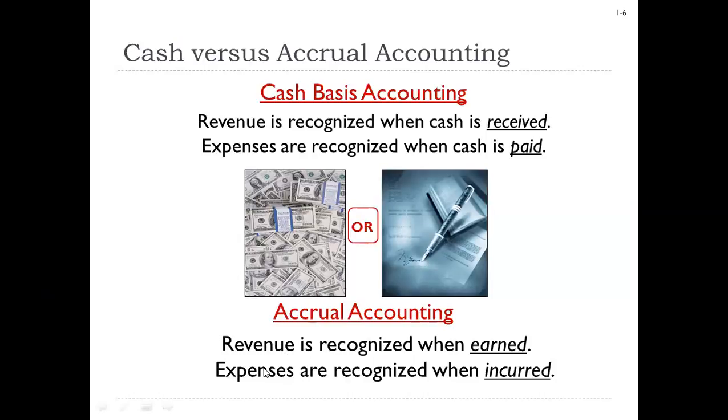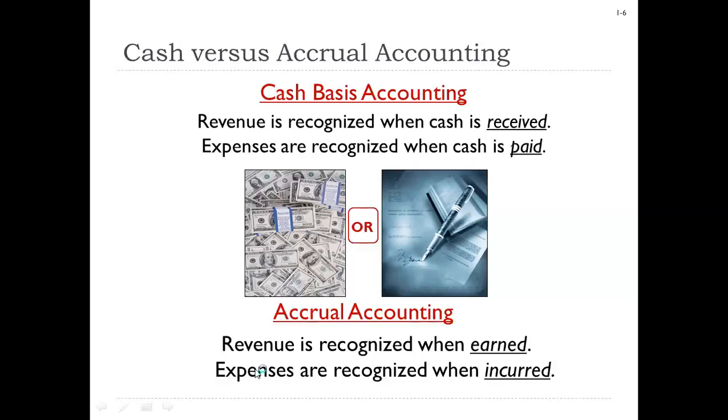Expenses are recognized when they are incurred. So when something happens where you have to pay money to somebody else, whether you're going to pay now or you're going to pay later on, you record the expense at that time when you have the obligation to pay someone else.